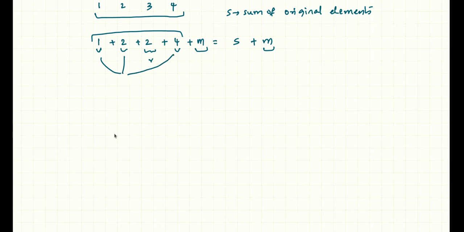This is basically the summation of the first n natural numbers, which can be written as n into n plus 1 divided by 2, where here n is equal to 4. Don't confuse between this n and the n as per the statement; this is as per the summation of the first n natural numbers. Here n is equal to 4. Plus m, which is equal to s plus m.